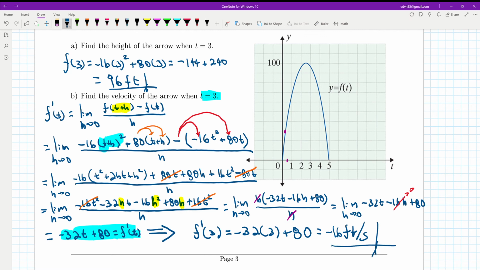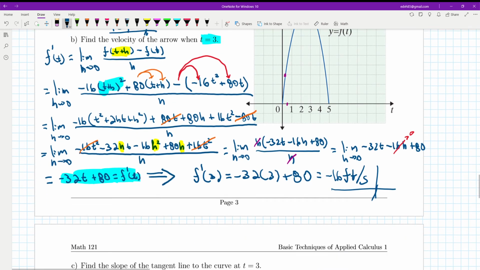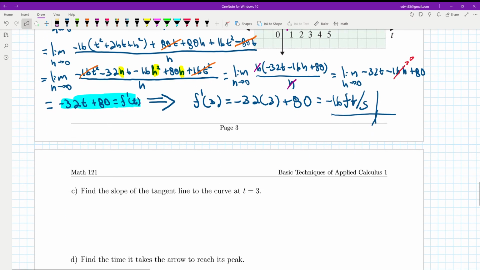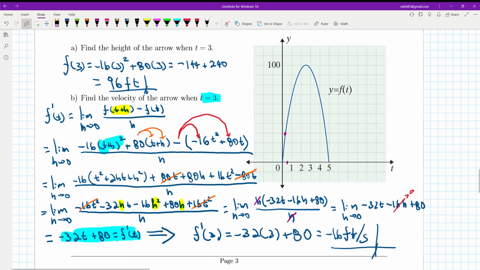All right, now let's see. On the next page, they're asking us to find the slope of the tangent line to the curve at t equals 3. So this is what's going on. We go to x equals 3, and we look for the corresponding y value. At this point, there is a tangent line. Notice it has a negative slope, and therefore the value of the slope has to be negative.